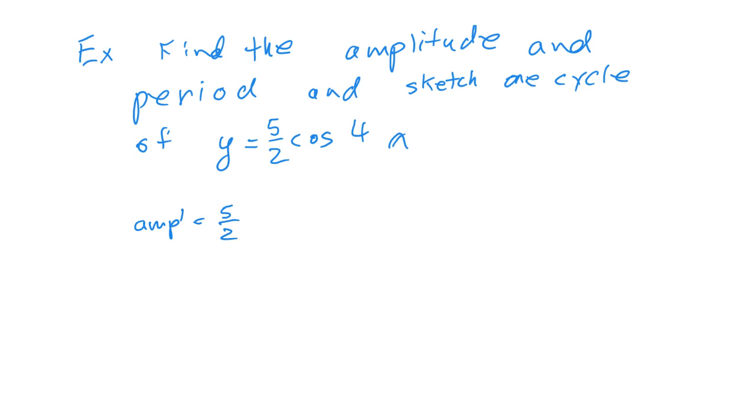Now its shift up and down is 0, and its period is given by 2 pi over k. It's 2 pi over k, but k is 4. So you have 2 pi divided by 4, which is equal to pi over 2. So now what we'll do is we'll quickly sketch our graph.